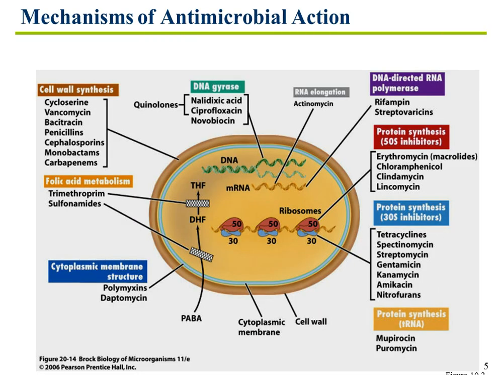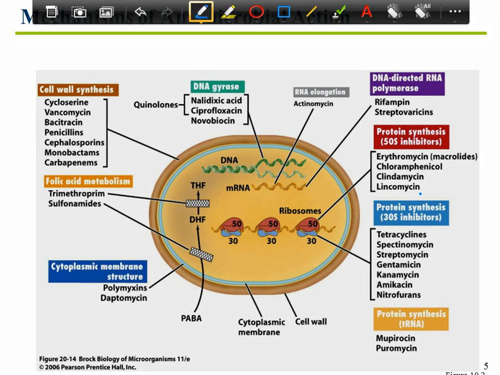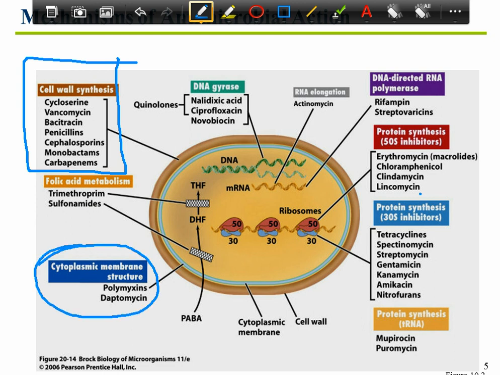Okay, mechanisms. Basically, there are less than 6 of them. So on this overview, let me point out over here the guys that hit cell wall synthesis. We're going to talk about those. We're going to talk about the drugs that do damage to the cell membrane. We're going to talk about drugs that are called metabolic analogs, that is, they block a metabolic cycle.